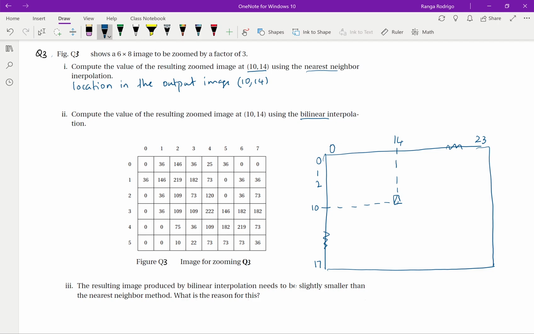The corresponding location in the input image should be 10 divided by 3, 14 divided by 3. That means 3.33 comma 4.67.